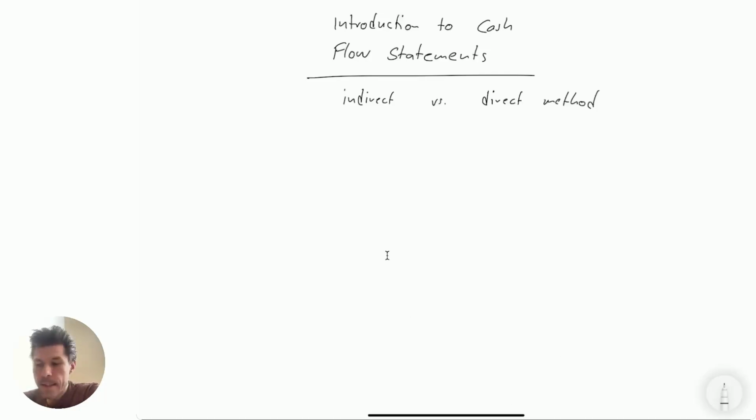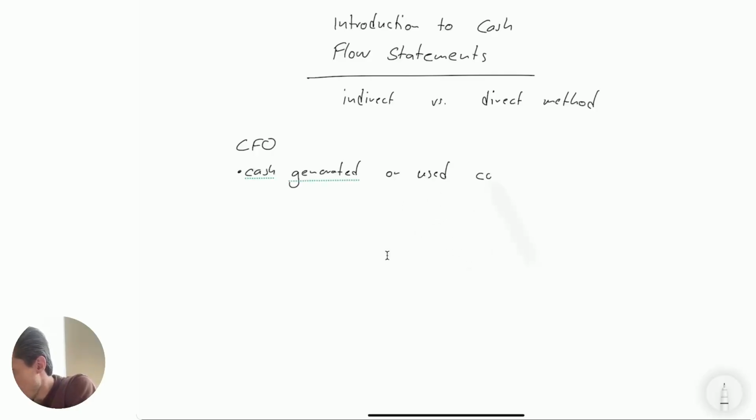Okay, let's get started. So what do we have? We have CFO, cash flow from operations. That's the cash that is generated or used by a company's core business operations. This shows the cash inflow and outflow related to delivering goods or services.